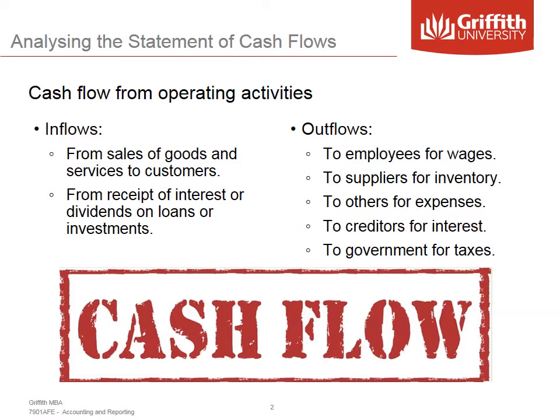If you're making a profit, let's look at this logically. The cash inflows on the left from sale of goods and services to customers should be greater than the cash outflows on the right to employees for wages or to suppliers for inventory or to others for expenses. It seems logical that the cash inflows from customers must be greater than the cash outflows for all of our expenses, consistent with making a profit.